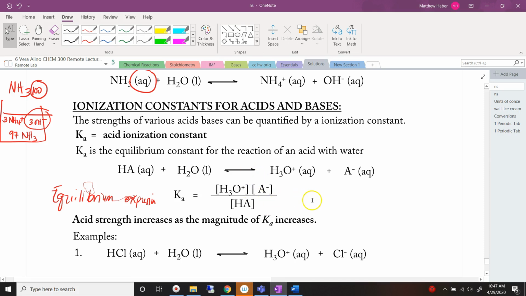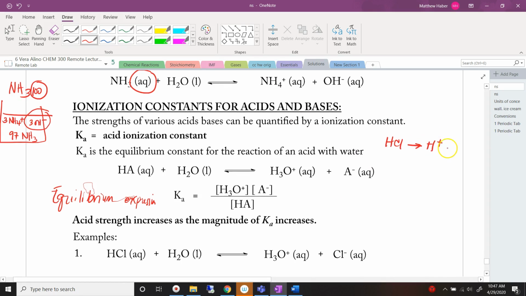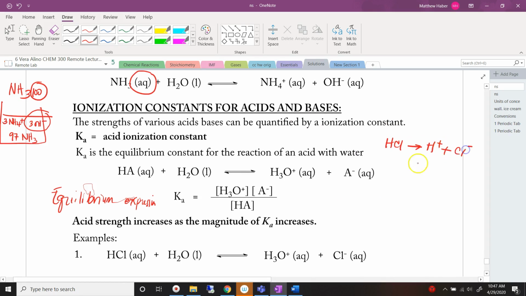So notice that for HCl, for instance, if you drop 100 molecules of HCl, let's just make it simple.